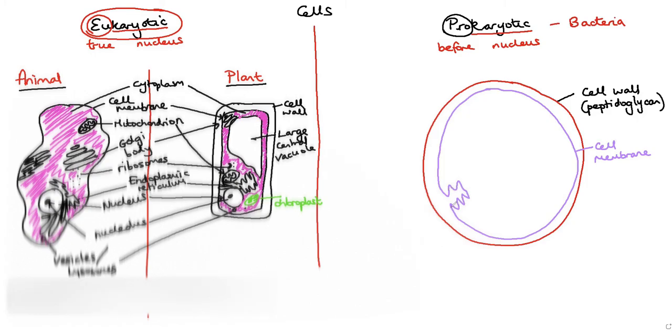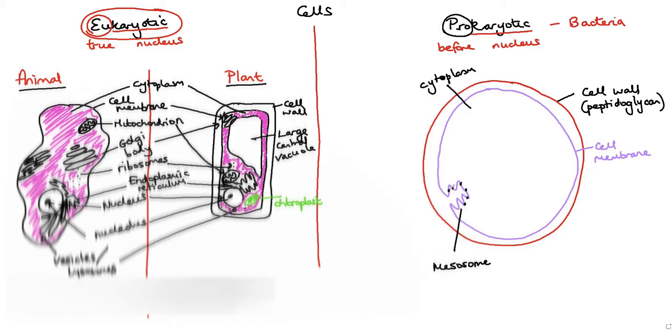This funny infolding that I've drawn here, that's something called a mesosome, and it increases the surface area of the cell membrane. It's folded into the cytoplasm. There's the cytoplasm, by the way, just there.